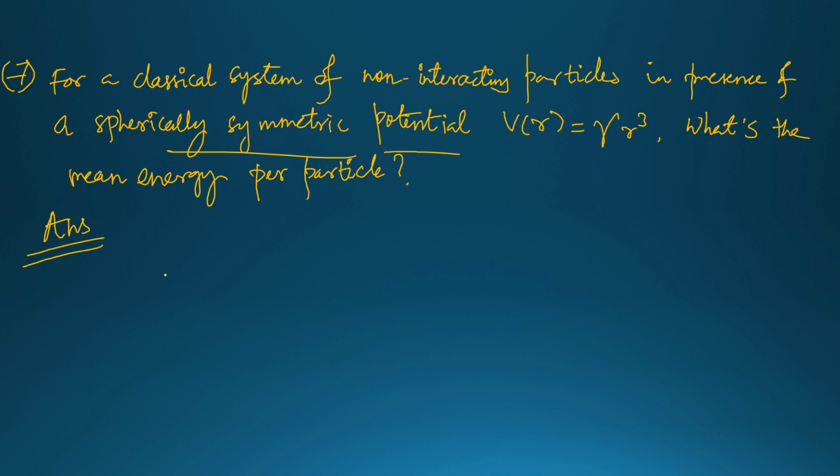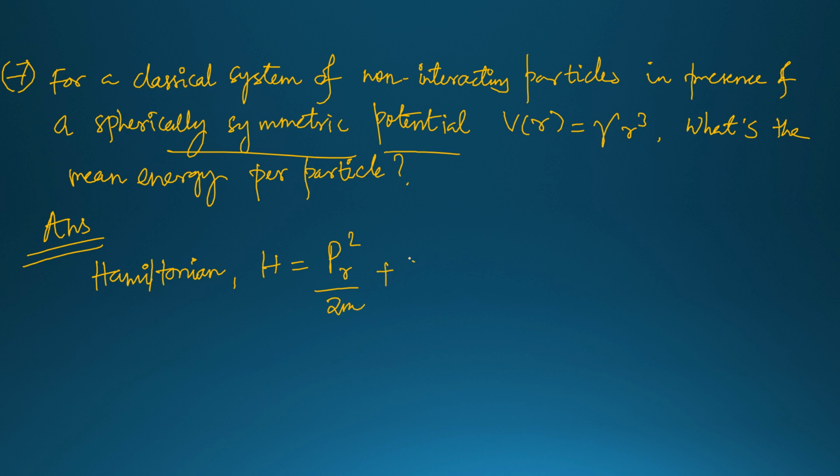See, classical system, non-interacting particles, spherically symmetric potential. So we can write the Hamiltonian as H is equal to p_r squared over 2m plus gamma r cubed. Why p squared? Because this is spherically symmetric.